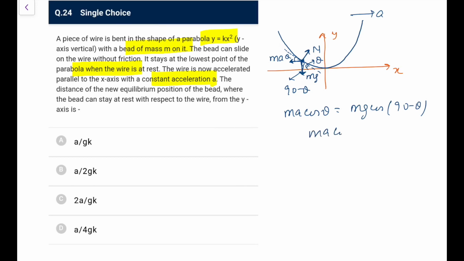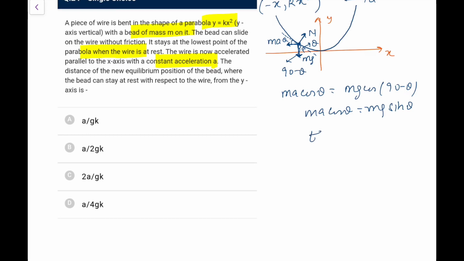That means ma cos theta would be equal to mg sin theta. So tan theta comes out as a by g. If I take the slope, actually it should be tan of 180 minus theta, but I have taken the magnitude. So for this curve y equal to kx square, the slope of the tangent you know is dy by dx, that is equal to 2kx, which is equal to tan theta basically.